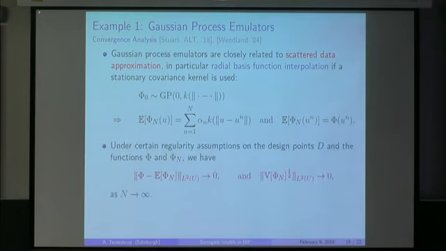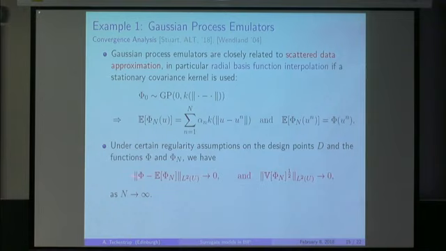Okay. So then under certain regularity assumptions, both on the way that you choose the design points d and the regularity of your true function phi and the regularity of the Gaussian process emulator phi n, what you can show is the following. So you can show that the error between the function phi that you're approximating and the expected value of the Gaussian process emulator goes to 0.